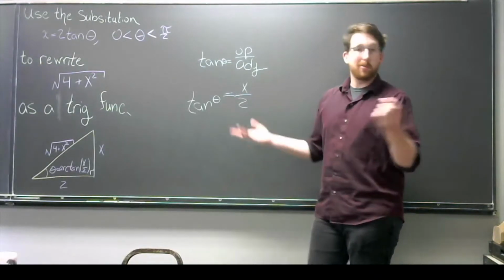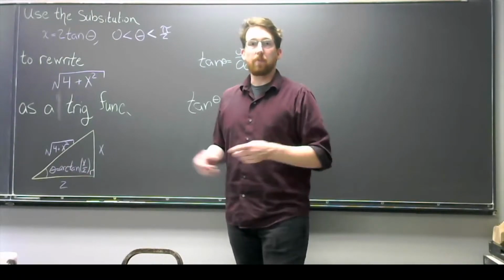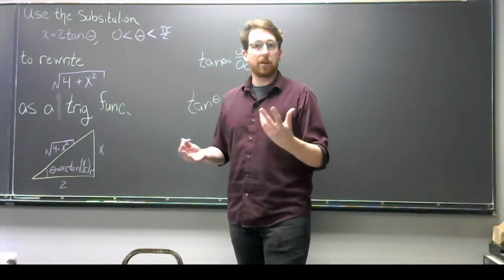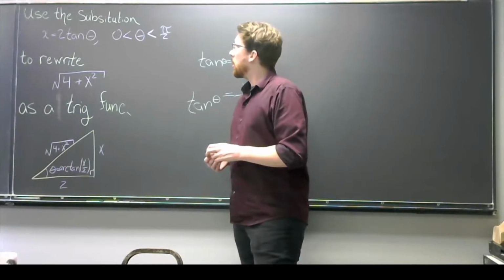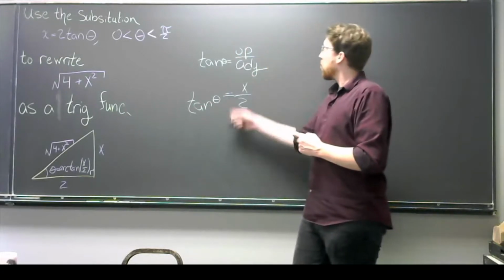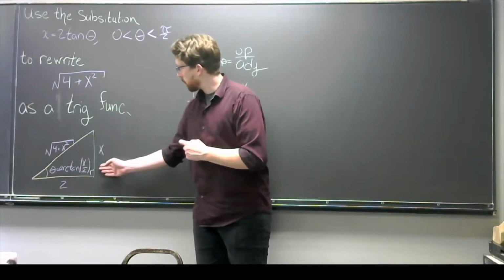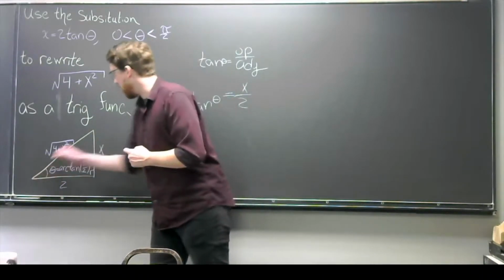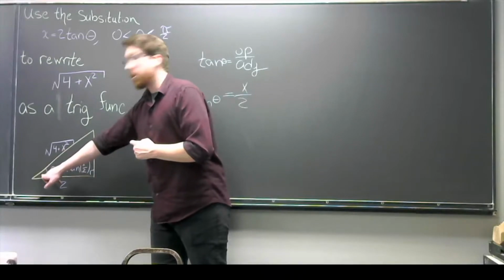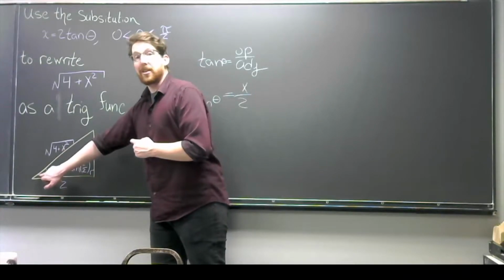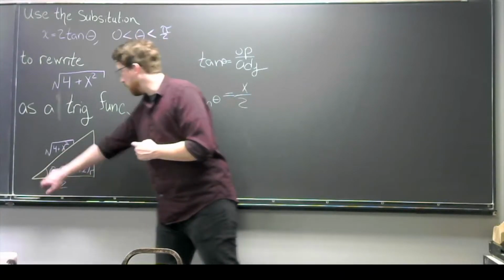So why don't we just draw up a right angle triangle, pick one corner to be theta, and then represent this as a triangle. I've already done that here. We've got our nice right angle triangle. The angle theta is measured in this corner.